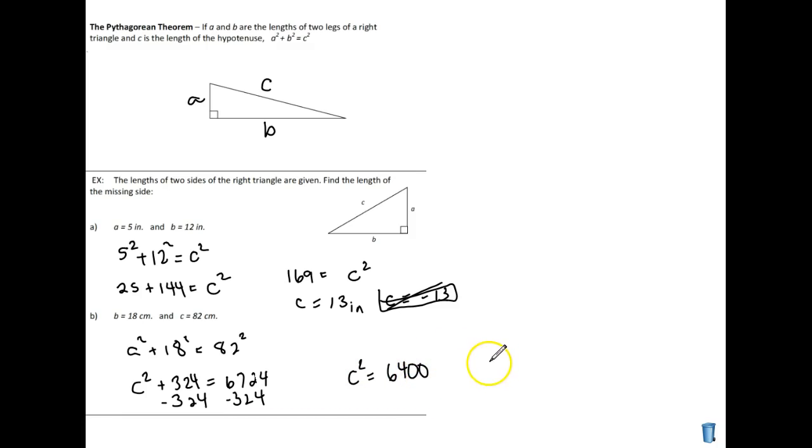The square root of 6,400 is the same as the square root of 64 times the square root of 100, which is 8 times 10, which is 80. And so the answer is 80, and that is centimeters.